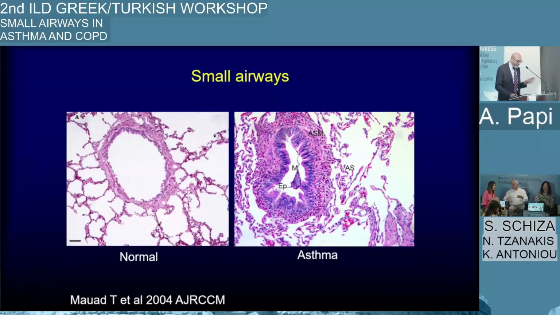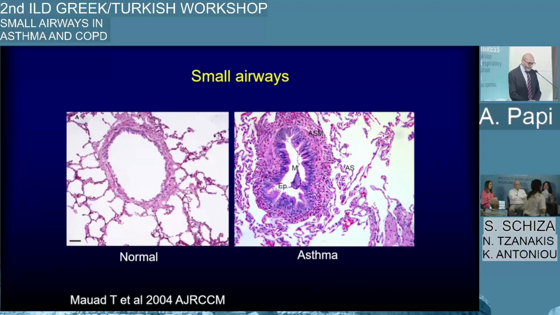Despite the mildness of the disease, he died in a car accident. You can see that the peripheral airways, more than 2 millimeters, are profoundly rearranged as compared to, on the left-hand side, a normal subject, matched for other clinical conditions.